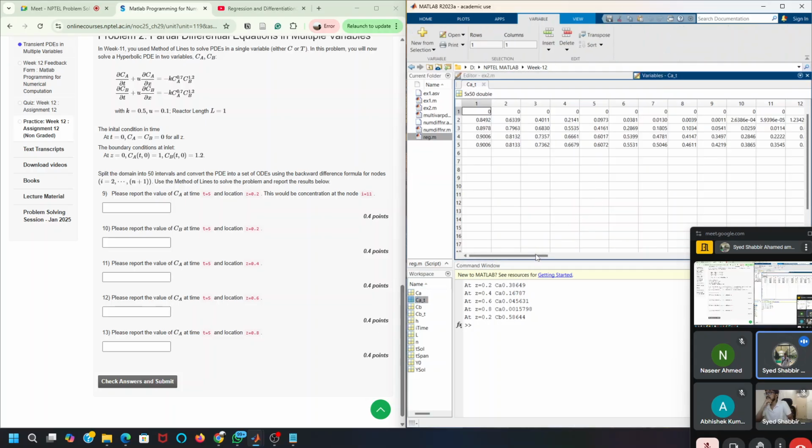CA is 0.3869, CB is 0.5864, CV at 0.2 and 0.7, 6 7 and 7.